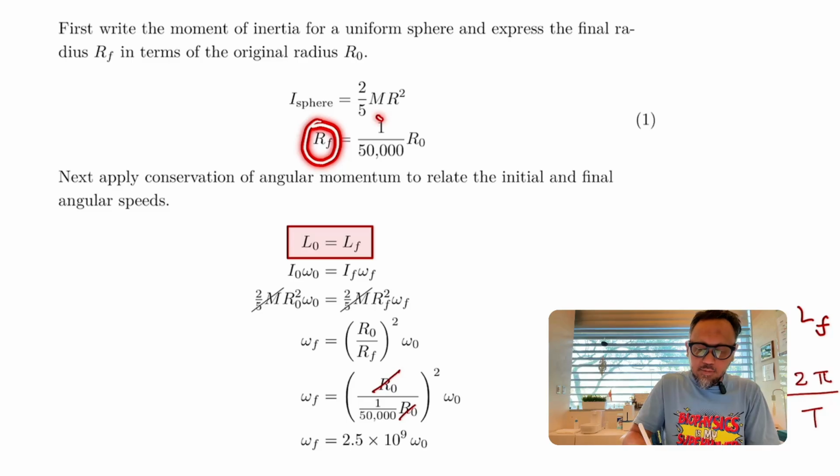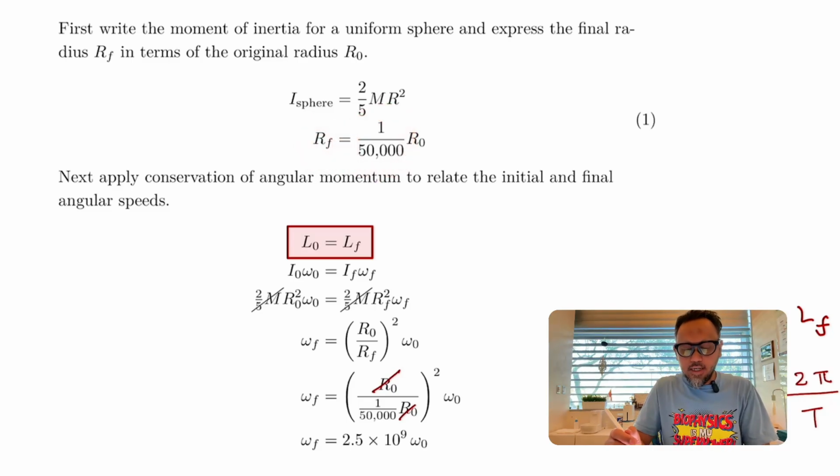And the radius is smaller by a factor of 1 divided by 50,000. There is no external torque. There are no invisible hands that make it spin slower or faster. So the angular momentum stays the same, and it is equal to moment of inertia times angular speed.